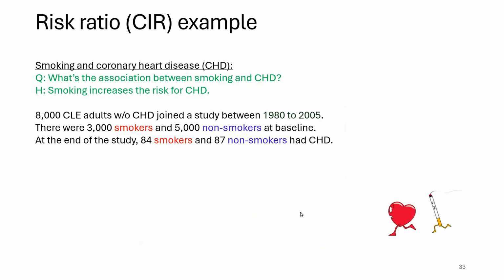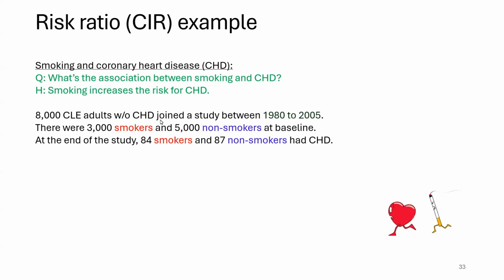So if I were to ask you to make a 2 by 2 table, for example, looking at the association between smoking and coronary heart disease, with the hypothesis that smoking increases the risk for coronary heart disease. So we have a total sample of 8,000 people who do not have coronary heart disease between these years.